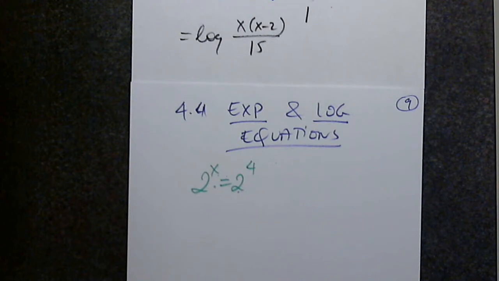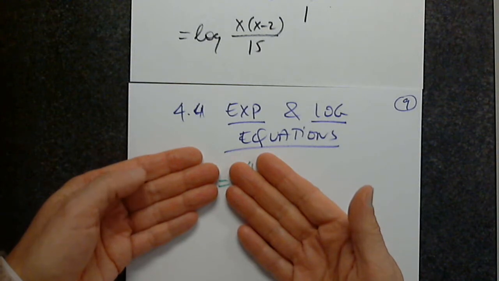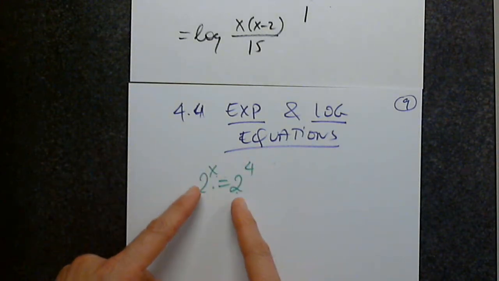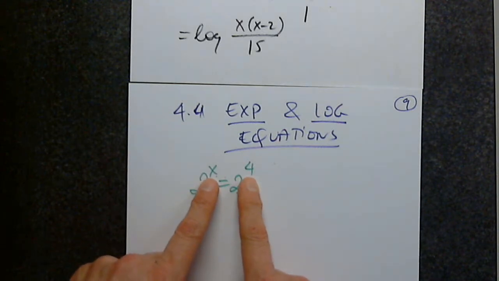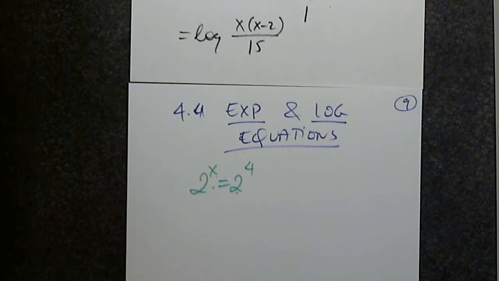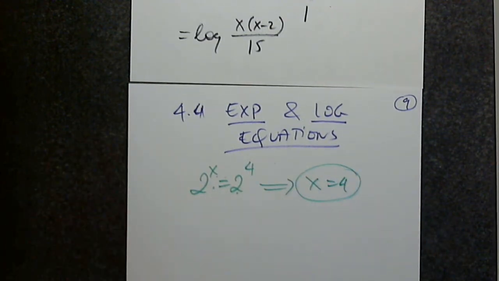We do not simplify in any way. Two numbers are equal and they have the same base. What has to happen to the exponents? They have to be equal. x equals 4. Done. Of course, this is not even a warm-up.